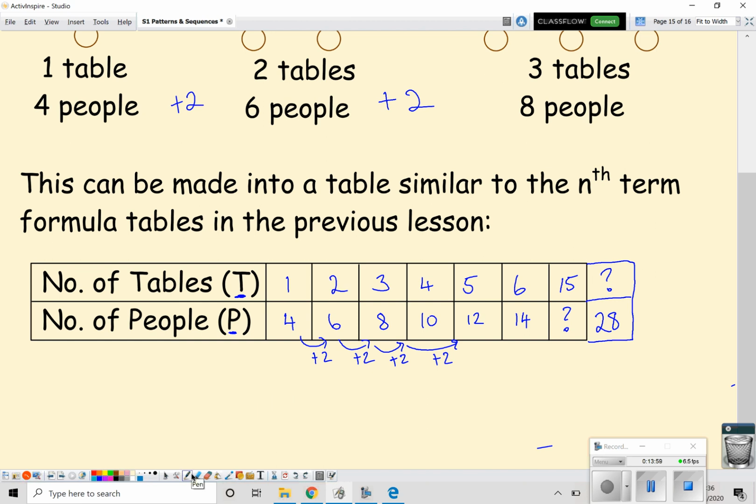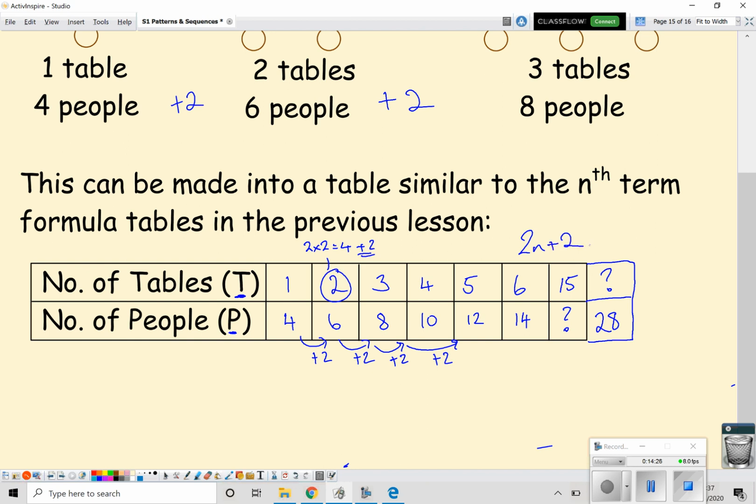Now, if you're very good at creating nth terms, then what you might want to do is come up with your nth term formula here. Well, it's 2n because we're going up in 2s, and if I wanted it for the second term in the sequence, then we would have 2 times 2 is 4. 4 is not enough, we need 6, so we need to add 2 to that.